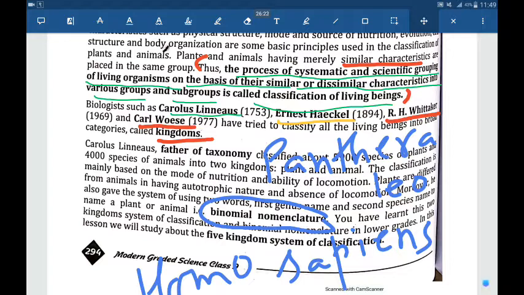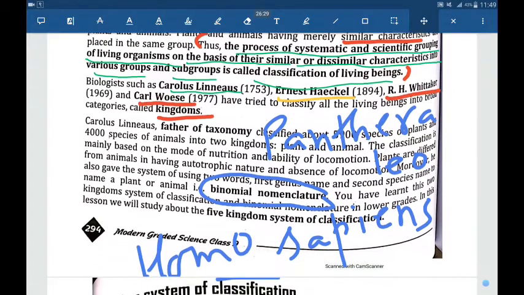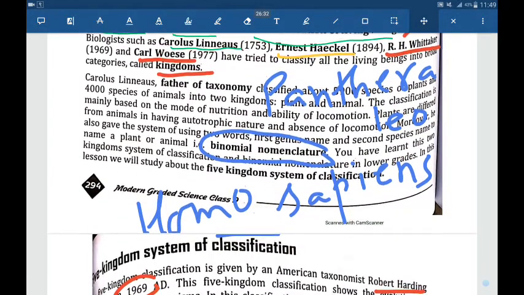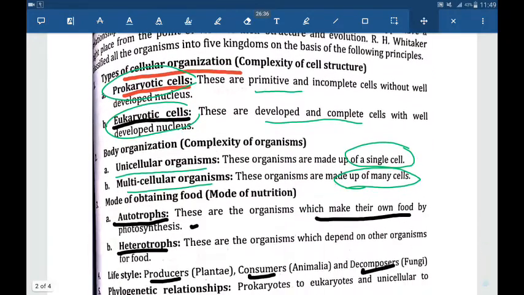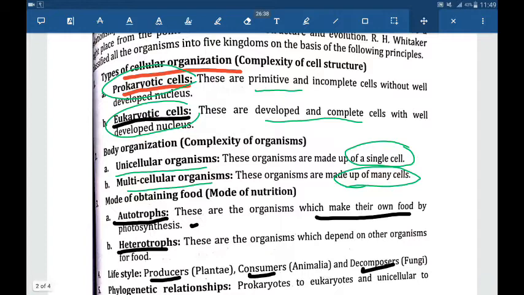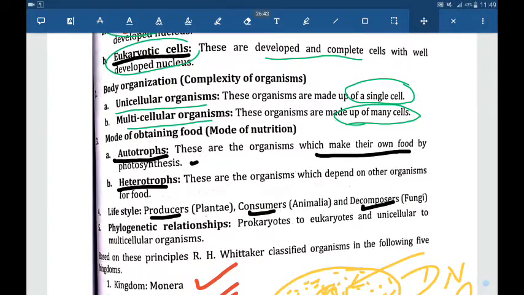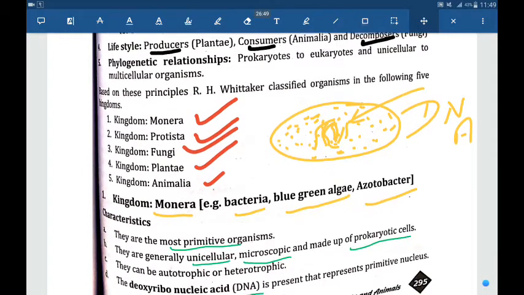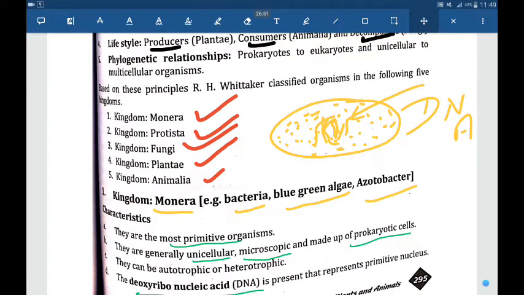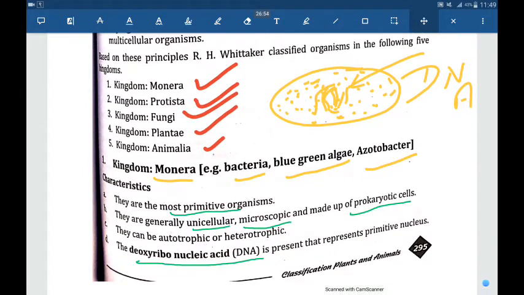Ernest Haeckel, R.H. Whittaker, Carl Woese have great contribution in taxonomy, and Carolus Linnaeus is the father of taxonomy. Some terms are there: prokaryotic cells, eukaryotic cells, unicellular cells, multicellular cells, and the 5 kingdoms: Monera, Protista, Fungi, Plantae, and Animalia.